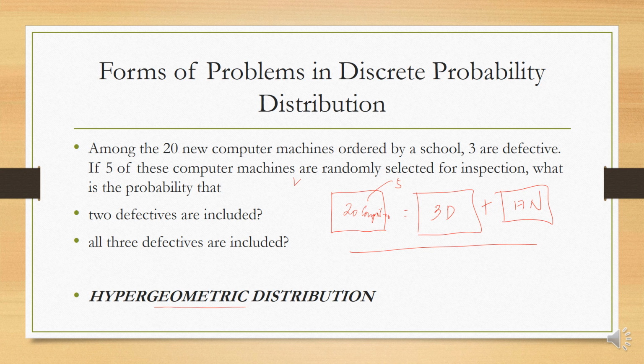This is very familiar to you because we have used this box method sa combination techniques. If the problem is like that, then it is a hypergeometric distribution. We will deal with the computations later para lang meron tayong idea. Bago tayo mag-solve, alam na natin yung i-apply nating distribution.